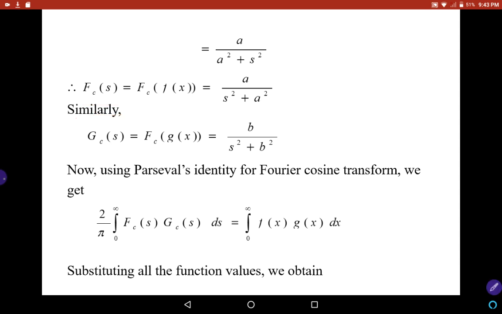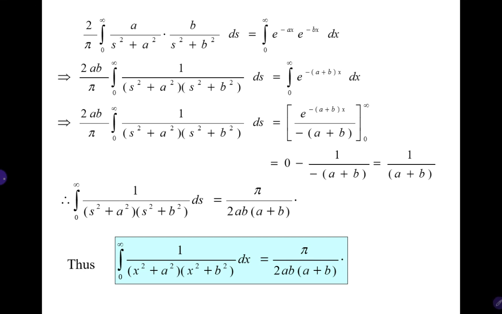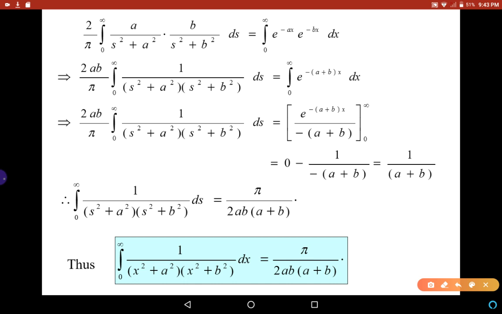So after substitution, we get 2 by pi times integral 0 to infinity a by (s square plus a square) into b by (s square plus b square) ds is equal to integral 0 to infinity e power minus ax into e power minus bx dx.